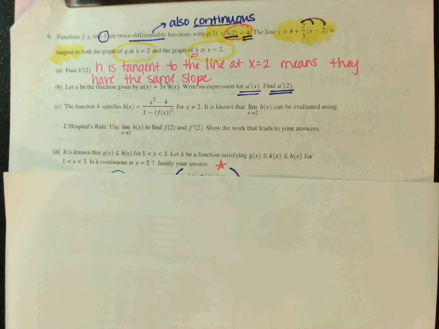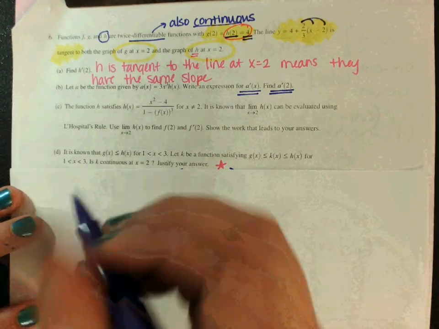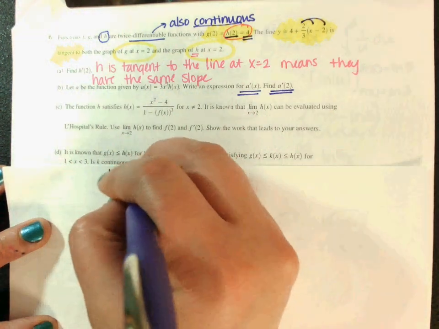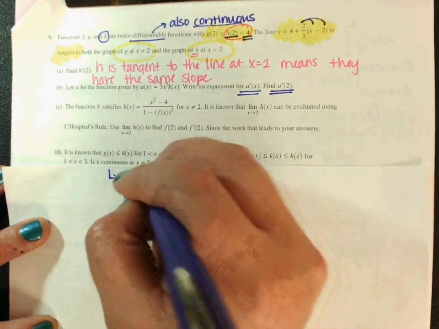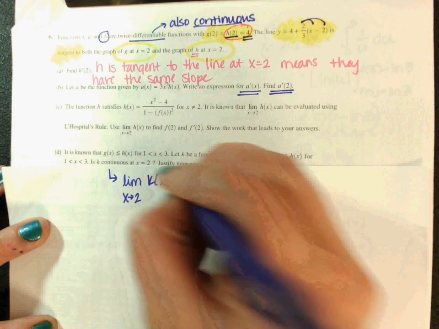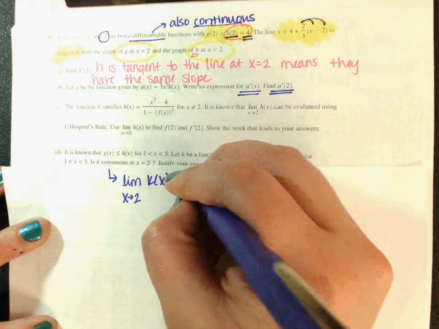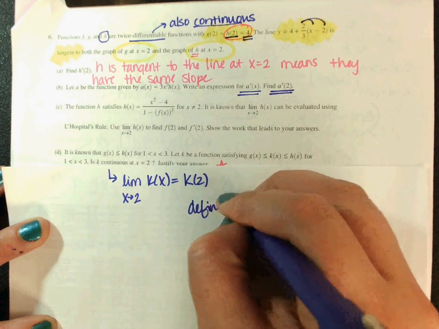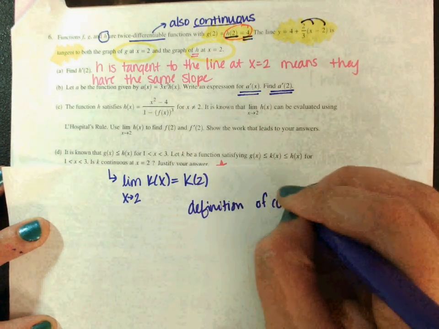Justify your answer. Okay, well, remember that the definition of continuous is that the limit as x approaches 2 for k of x needs to equal k of 2. That's the definition of it being continuous.